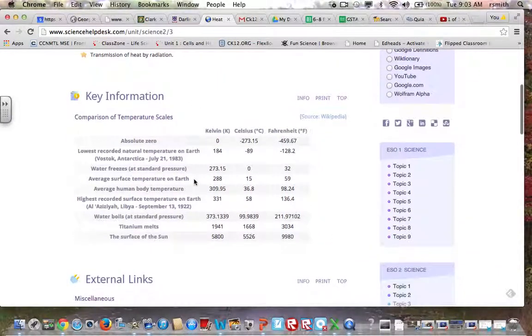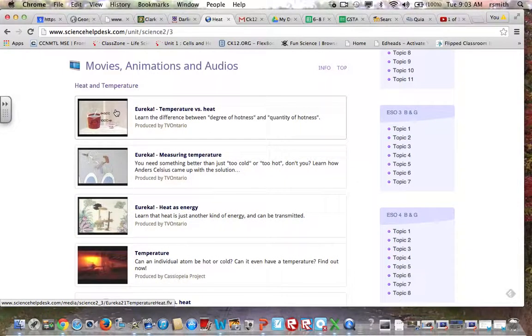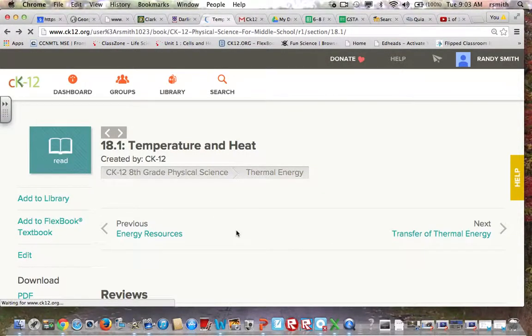Here we have some very important readings in terms of measurement, measuring the amount of heat in something. We have all three: Kelvin, Celsius, and Fahrenheit scales. You can refer back to these pictures concerning temperature or heat. Let's move backwards. All right. So here we are.